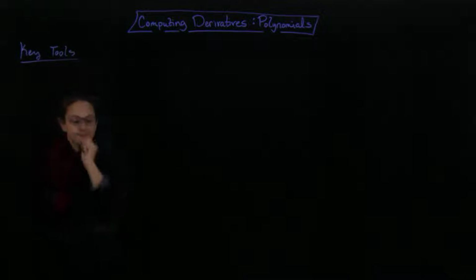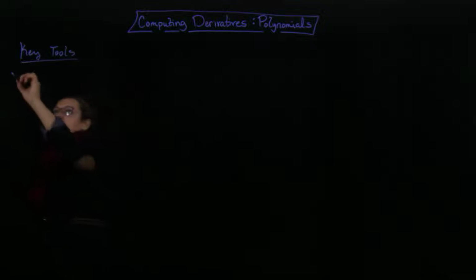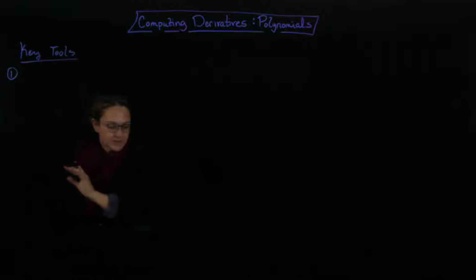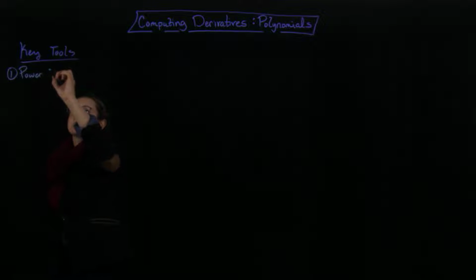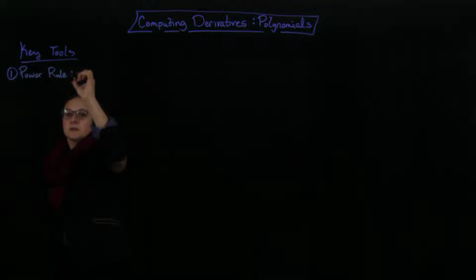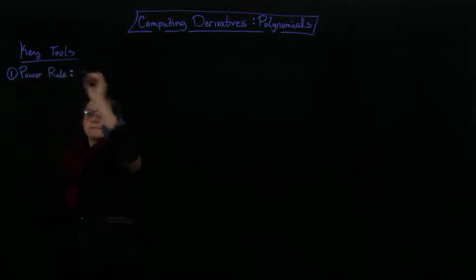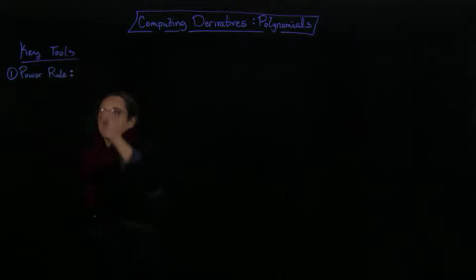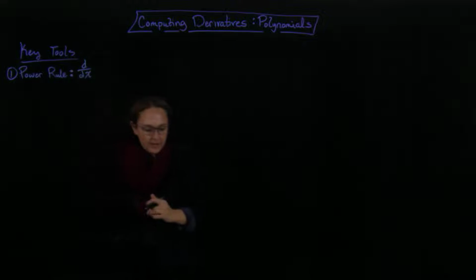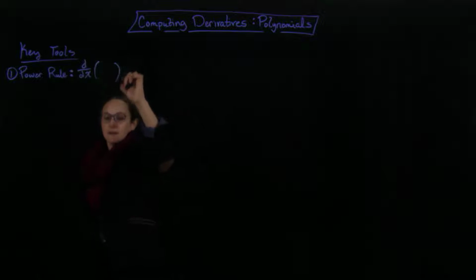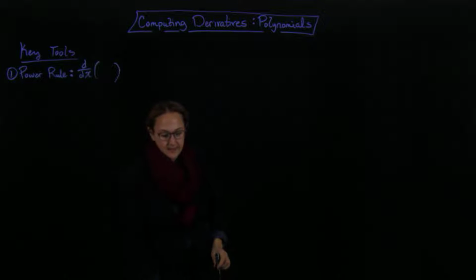The first one is the one that you've already seen. This is the power rule that you know, but it's good to have it here so that you can reference what we're actually using. If I have the derivative with respect to x, I keep the variable at x for now, and then I'm taking x.